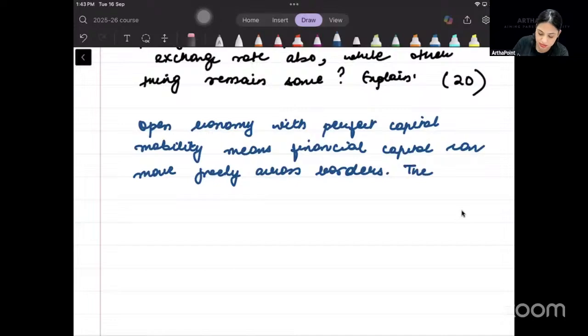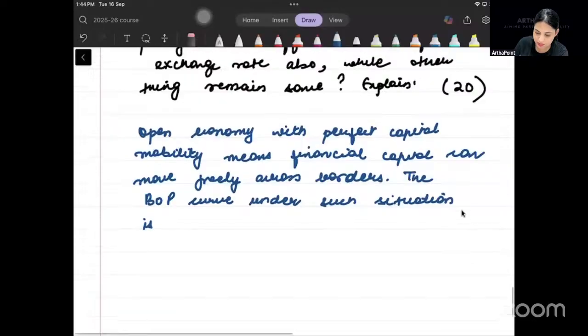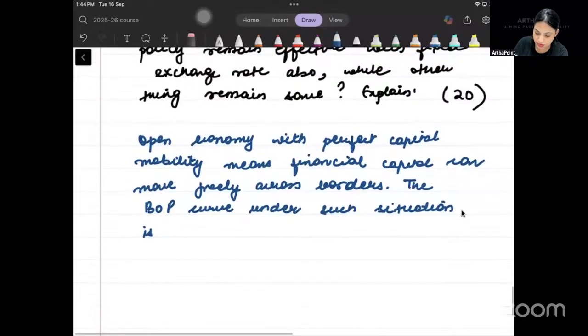The balance of payment curve under such a situation is horizontal.